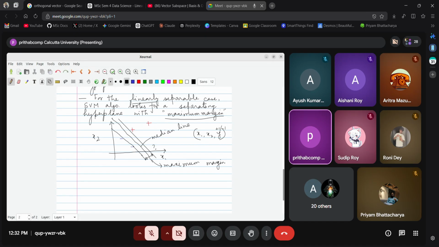Okay. So what we call is that this one is the positive decision boundary, and this one is called the negative decision boundary. How we find it, we will come to that.